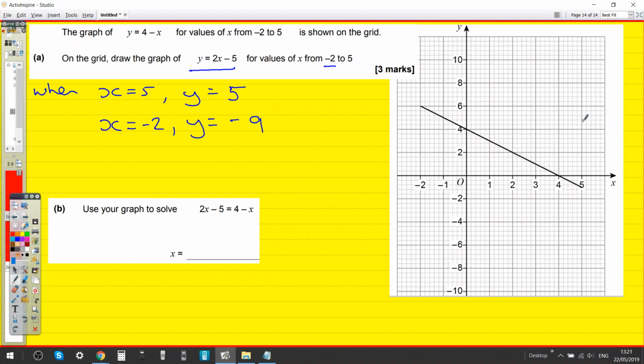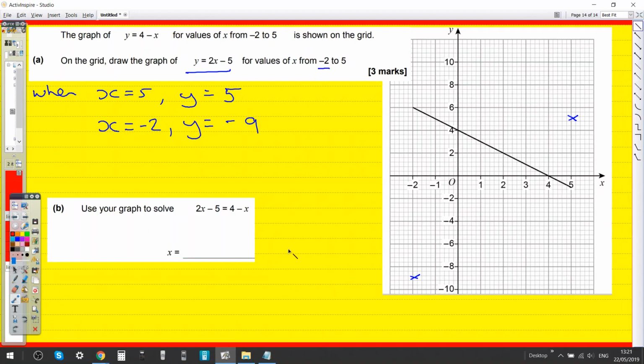Try to do it as exactly as you can. And for the next one, minus 2 on the x-axis, and then minus 9. So we drop down to halfway between 10 and 8. Mm-hmm. And then we join them.